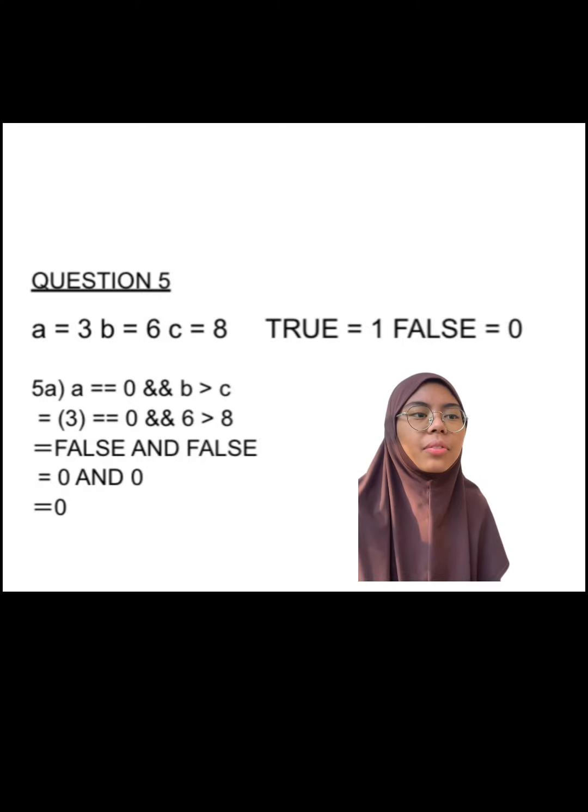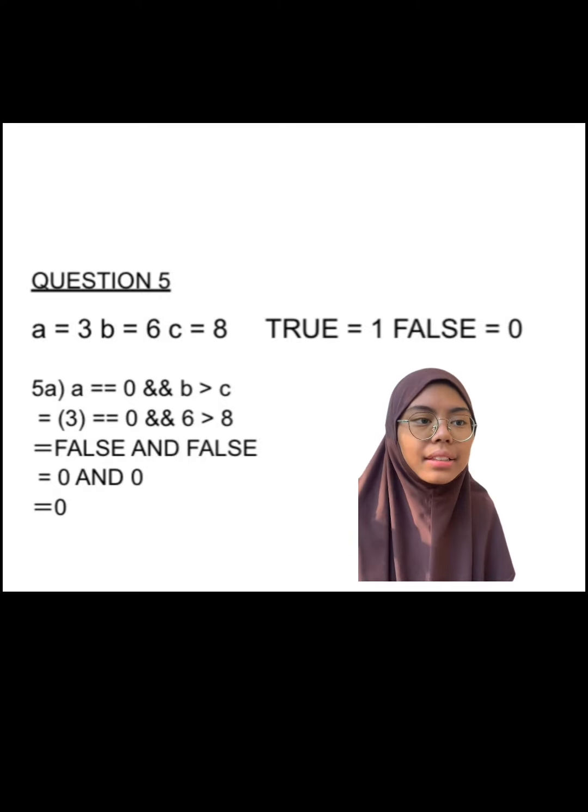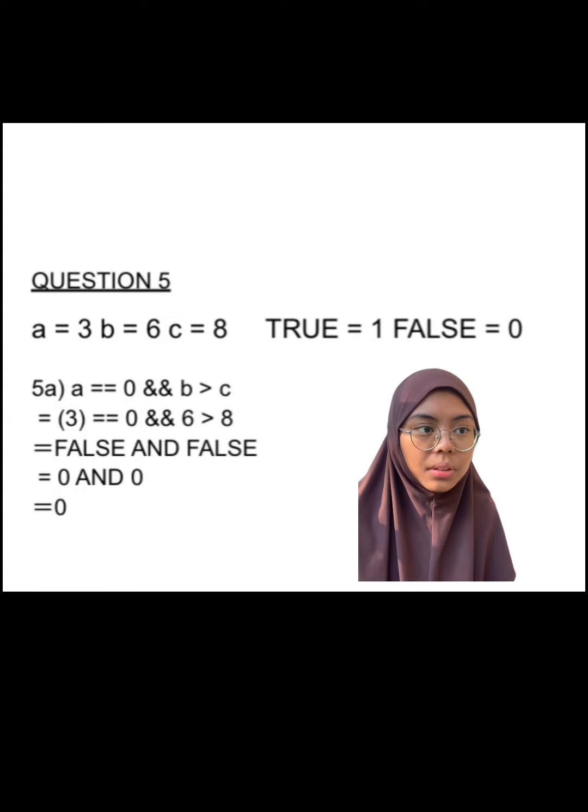So for question 5a, A equals 0 and B bigger than C. For this question, it was the logical operator. So there are certain rules, which is equal means equals to, and the symbol and means returns true if both operands are true.